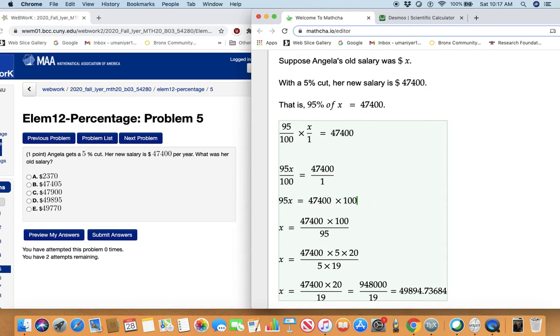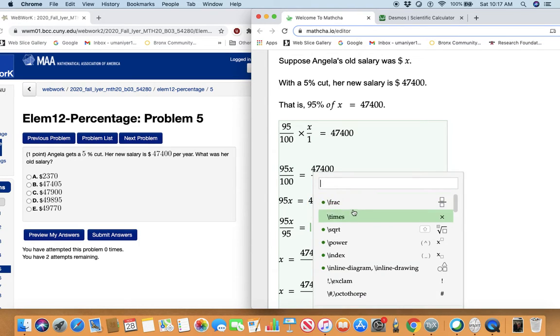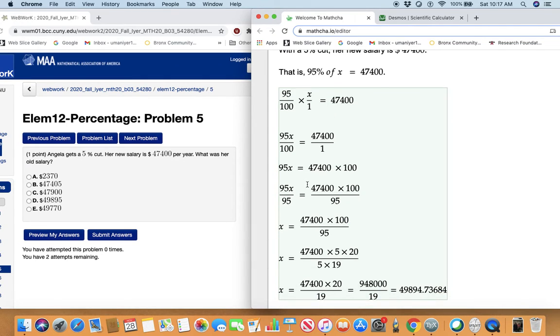If you like, I have one more step here. 95X over 95 equals all of this over 95. Divide both sides by 95 to isolate X. So X is all of this over 95.